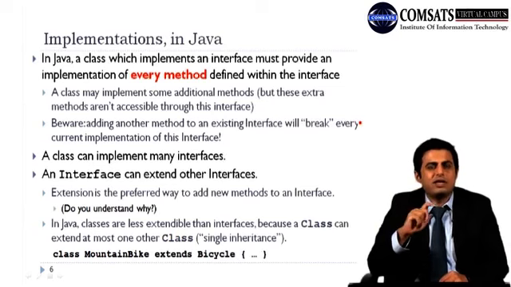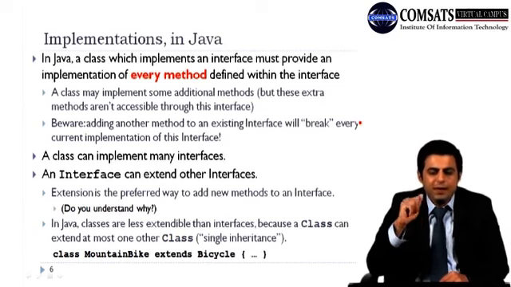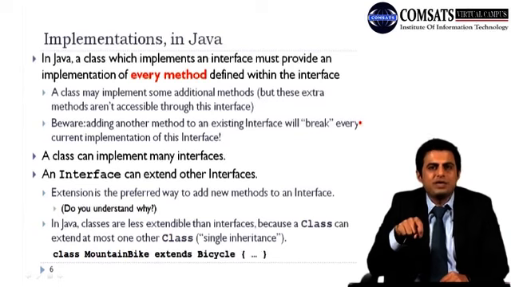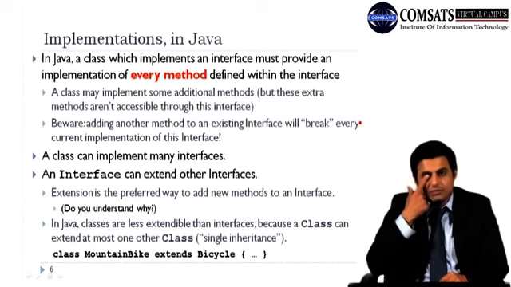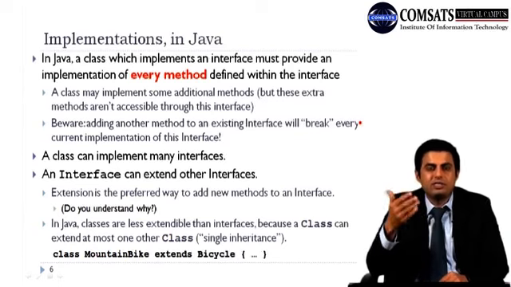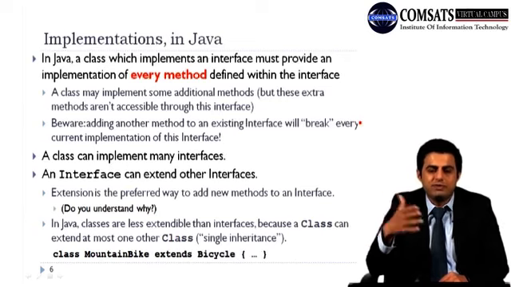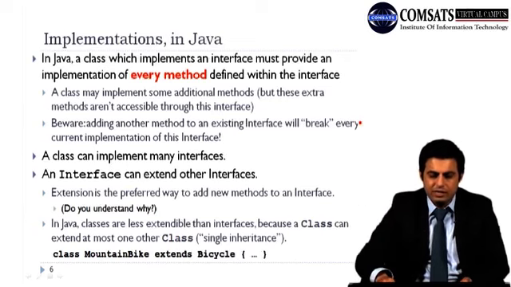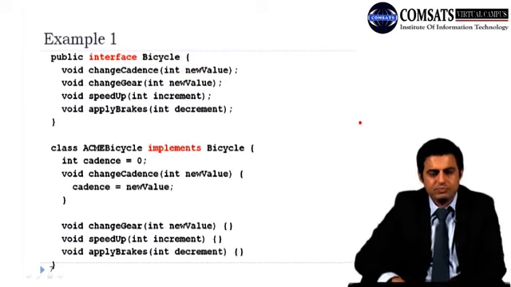So a single class can have only one parent. But if you look at interfaces, a class can have multiple interfaces. So this is another difference between interfaces and inheritance.